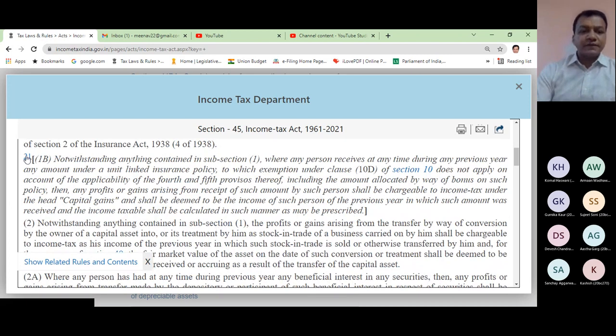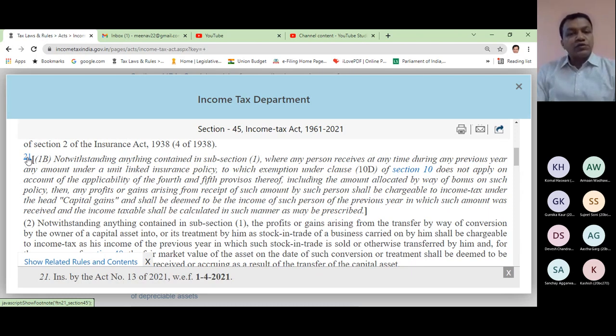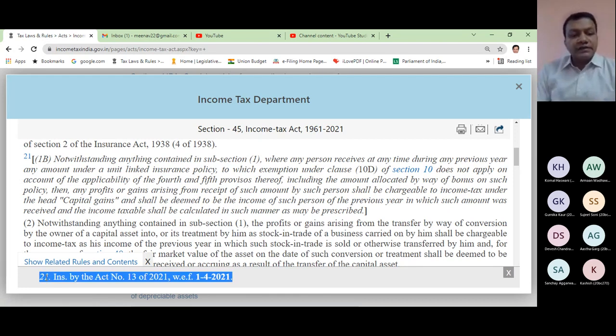Now this is in italics, and if you click this 21, which is the number, it gives you the detail. Italic means it is a new section. If you see this, what has emerged at the bottom: "inserted" means inserted by the Act number 13 of 2021 with effect from 1/4/2021. 1/4/2021 means assessment year 21-22. So this is the first time everyone will be studying this subsection 45(1)(b). Till last year it was not there.